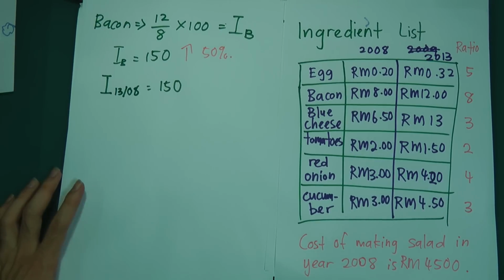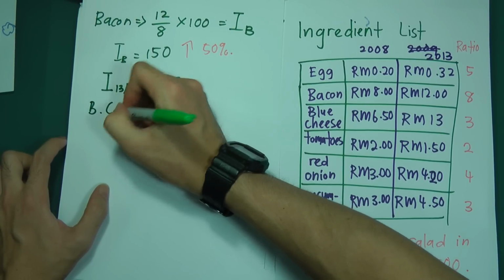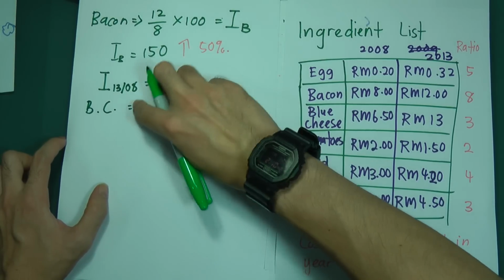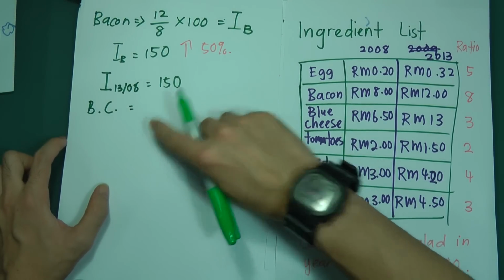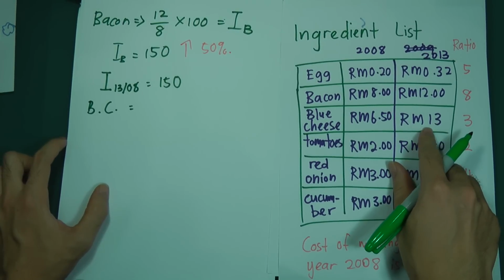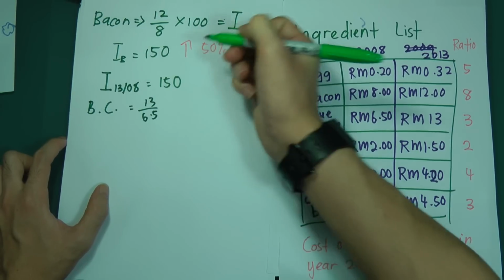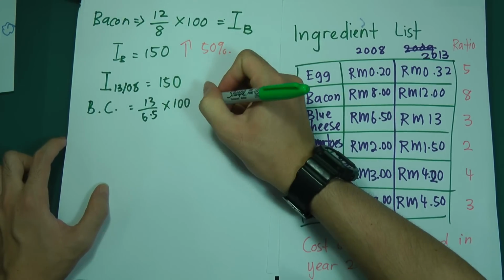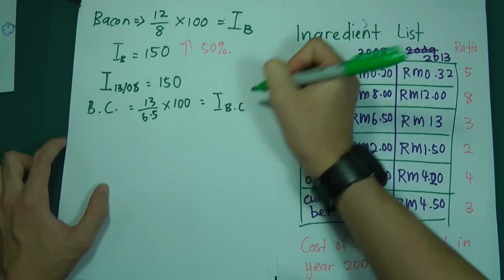At the same time, we calculate the blue cheese. Blue cheese, same thing: we put the specific year, or I always call it current year, divided by base year. Current year is 13 ringgit, base year is 6 ringgit 50 cent. Then we multiply by 100 in order to get the index number for blue cheese.